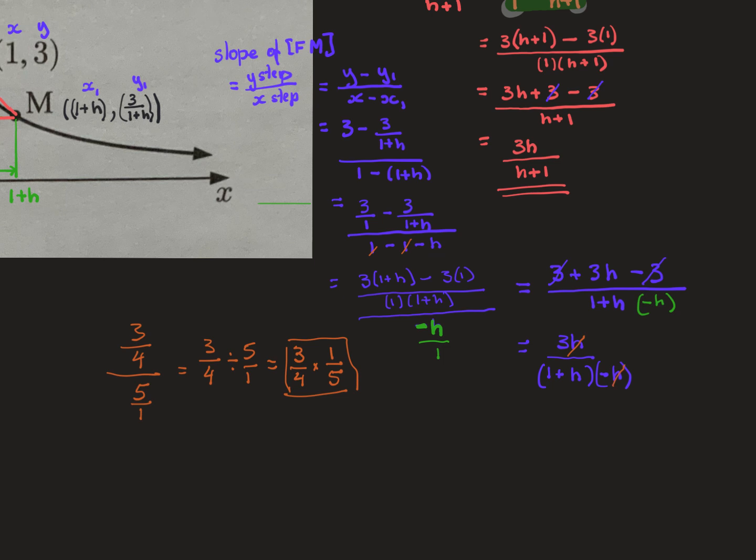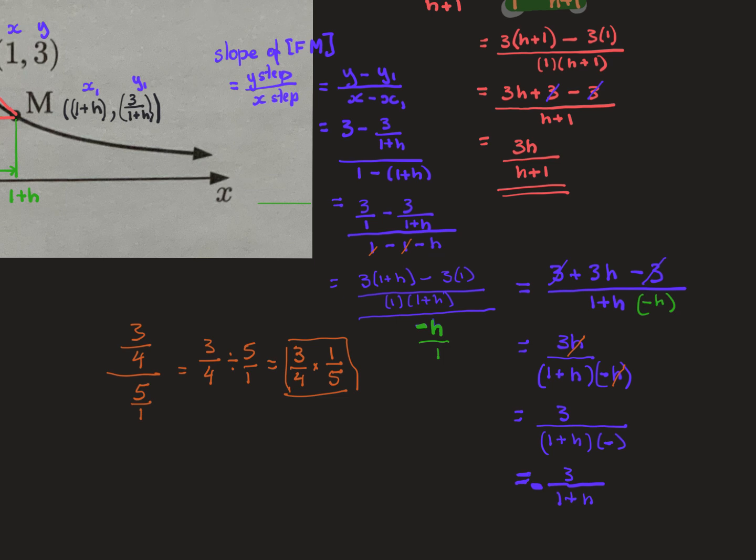Be careful that you don't cancel the negative, because the negative's still there. So we are left with 3 over 1 plus h, and we still have that negative sign there. It'd be better written like this: 3 over 1 plus h, and we can just put the negative right in front of this whole equation.